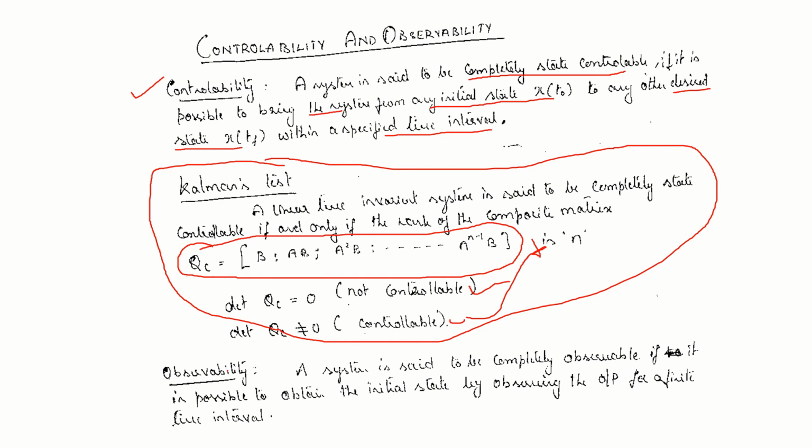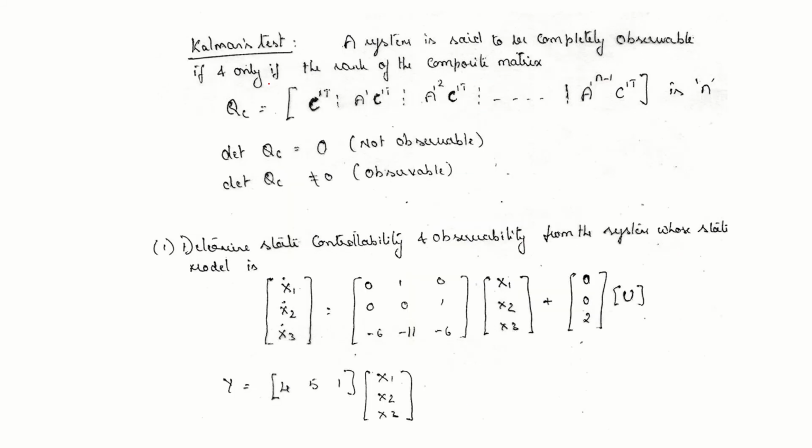Same way you want to find observability, means you observe the output and you should be able to find the initial state. For that again, Kalman's test is there. So QO is equal to C transpose, take the transpose of that, then A transpose C transpose, like this, and you form this matrix.